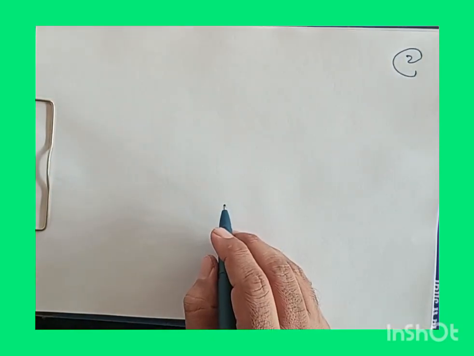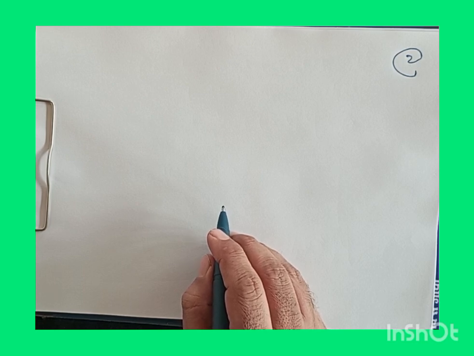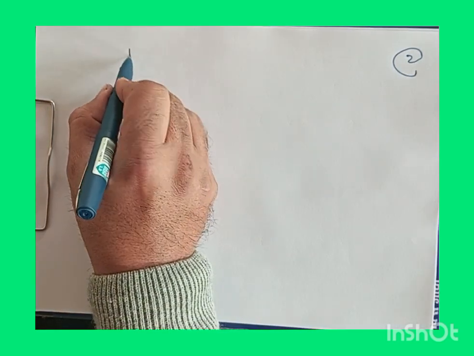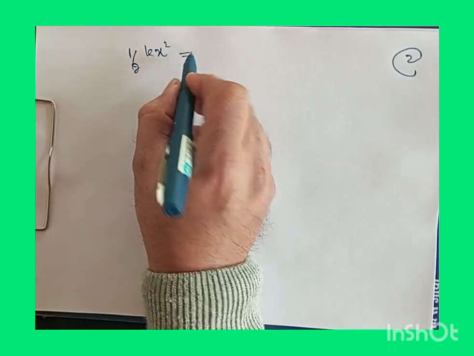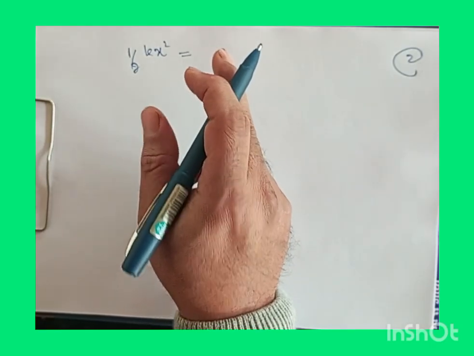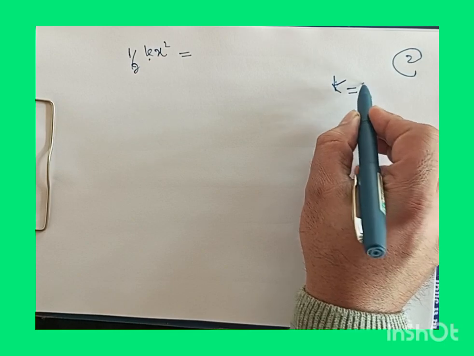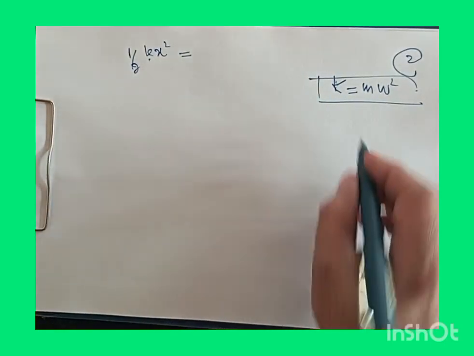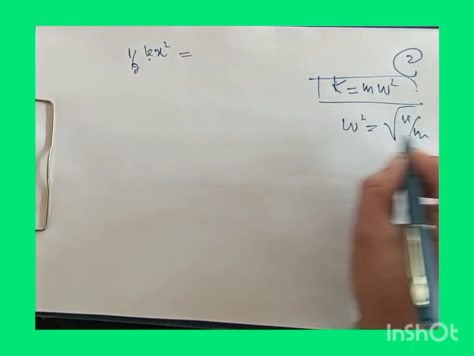So moving from here, we should be using some substitutions, and if we go with this 1/2 of kx square, we can rightly have this k as m omega square, because we have omega equal to under root of k by m.